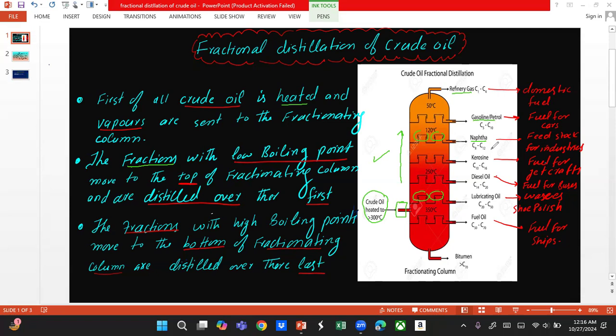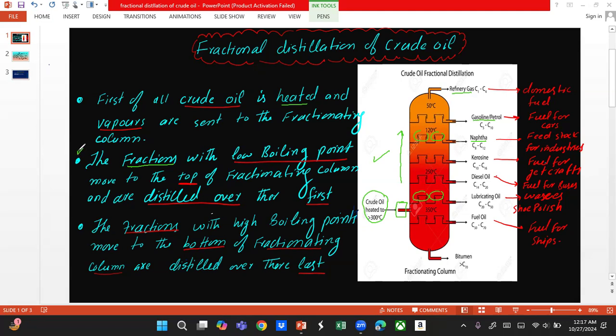On every outlet, every compartment has its own temperature, and these outlets are connected with the condensers. We don't need to show the condensers at this level. Okay, so when fractions with low boiling point get separated, after that the fractions with high boiling point, you can see this.